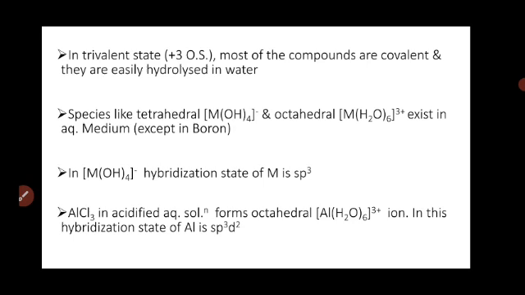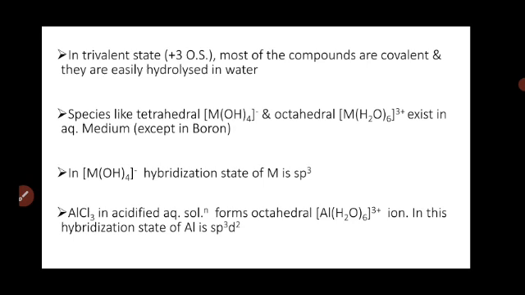So species, when dissolved in water, form either hydroxides or hydrated compounds like M(OH)4 or M(H2O)6. Now these have special geometry, that is either tetrahedral or octahedral, but these compounds exist in aqueous medium.